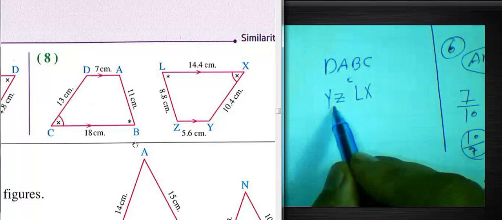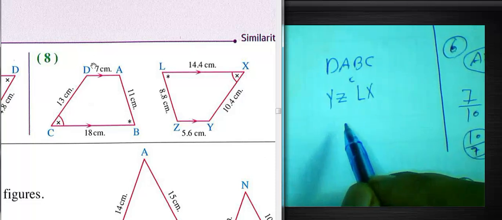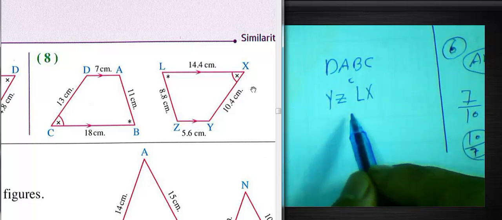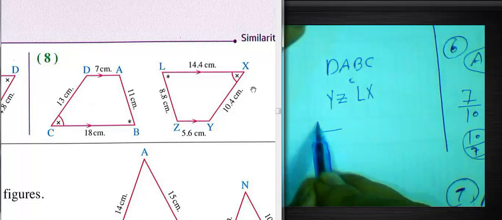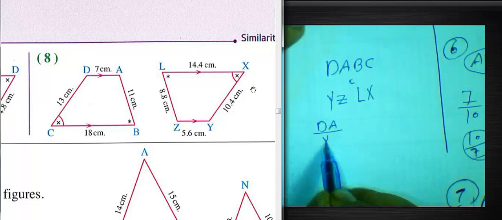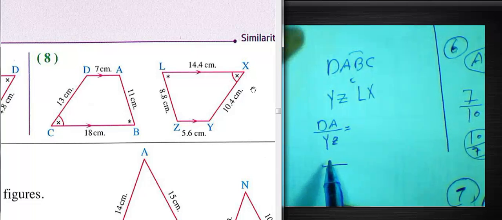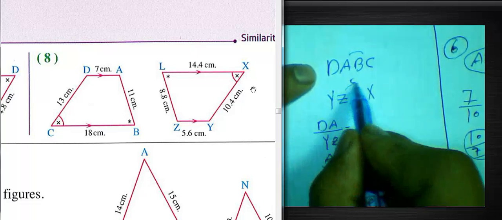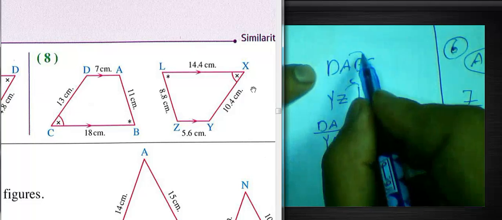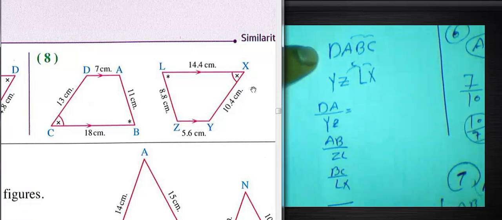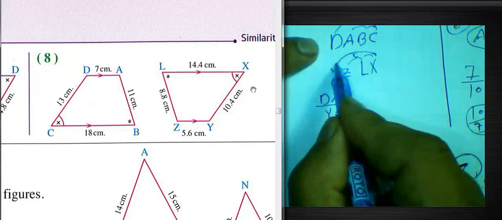Okay, again, look here, DABC and YZLX. We can find the ratio between DA and YZ, and AB over ZL, BC over LX, and CD over XY.